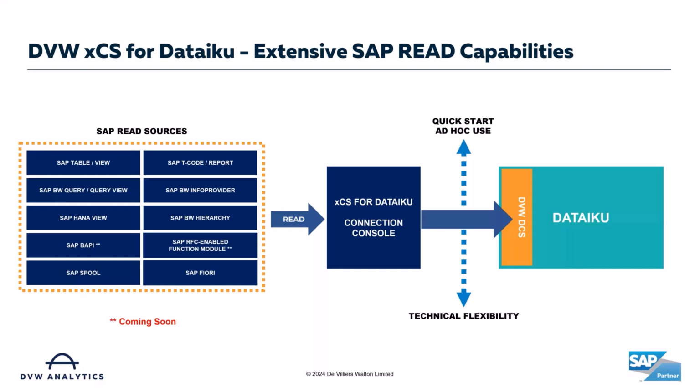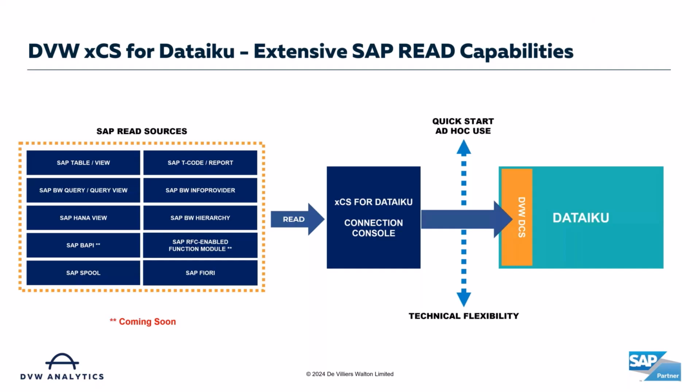And when I mention tables here, what I should emphasize is that in our product for Dataiku, in fact, with all our products, when we access data from SAP tables, we are connecting to those tables via what's called the SAP application layer. Ian will talk about it in a few slides' time. But the key thing I want to get across here is the way we connect to SAP is in a very regimented, very clean, very safe manner.